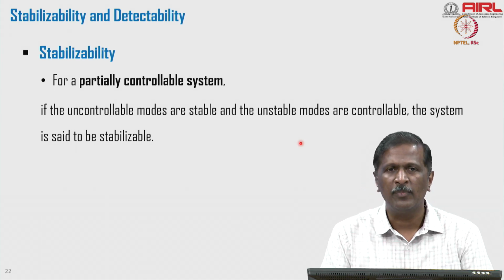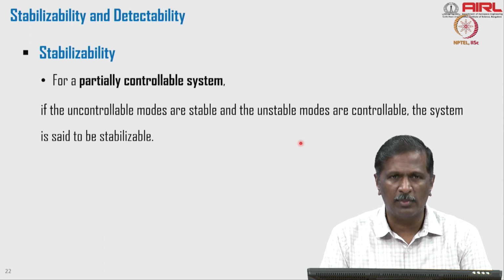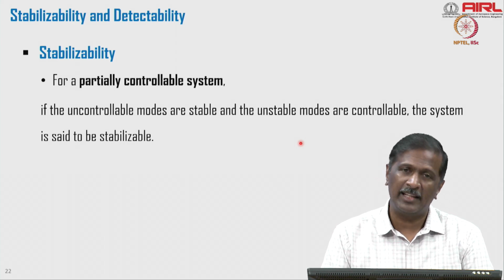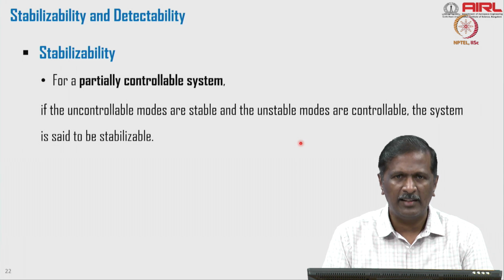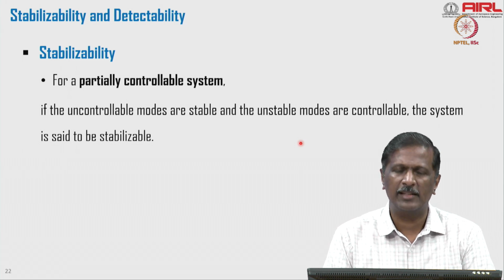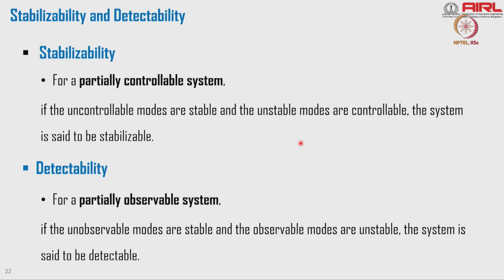What I meant is there are modes which are uncontrollable but they are stable, and the unstable modes are controllable, then I can stabilize the system. There is another thing, detectability. Again, for a partially observable system, if unobservable modes are stable, whereas the observable modes are unstable, the system is said to be detectable.